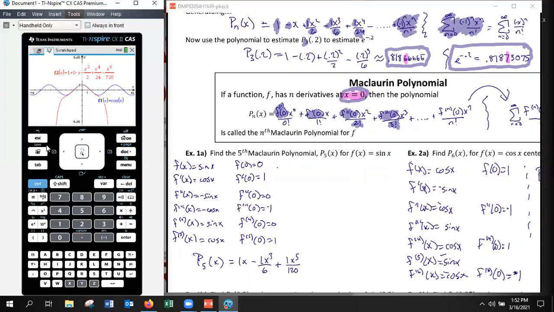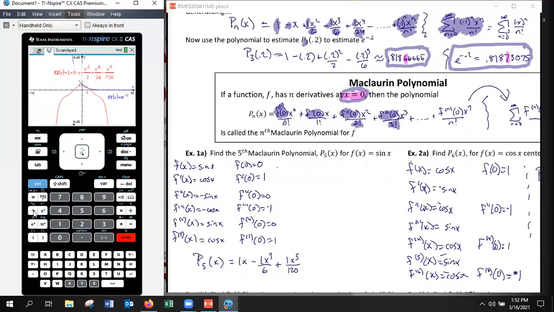What I would like to do is let's go ahead and go to the tab. Let's type in the polynomials that we were just working with. The function that we were working with was e to the negative x.